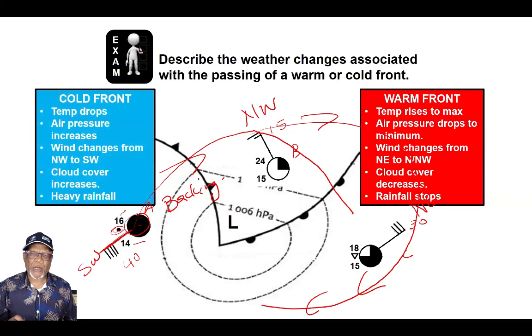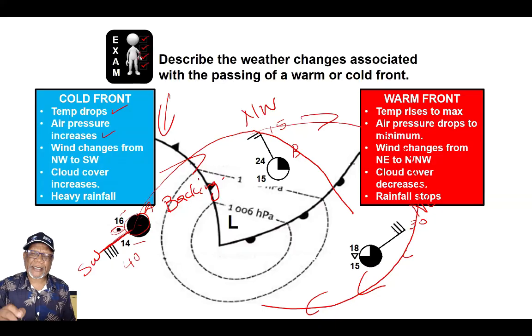Now, what happens when the cold front comes? Temperature will drop. When temperature drops, air pressure is going to increase. What makes the air pressure increase when the temperature drops is that cold air is heavy. Because it is heavier and denser, what is it going to do? It is going to subside.